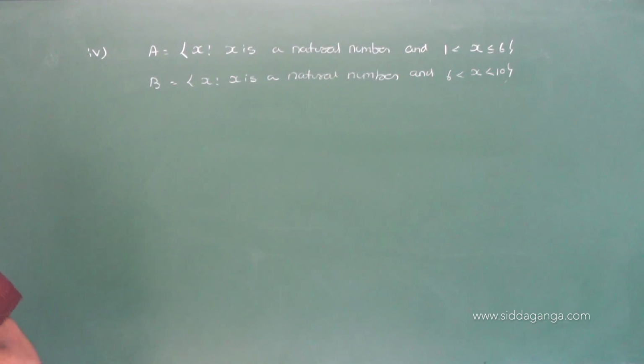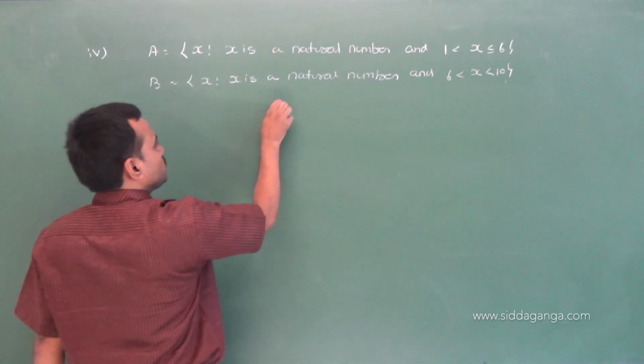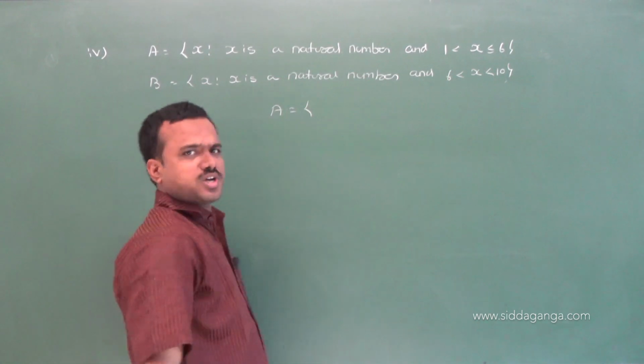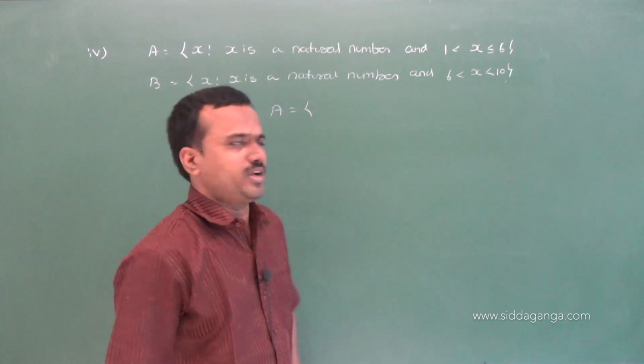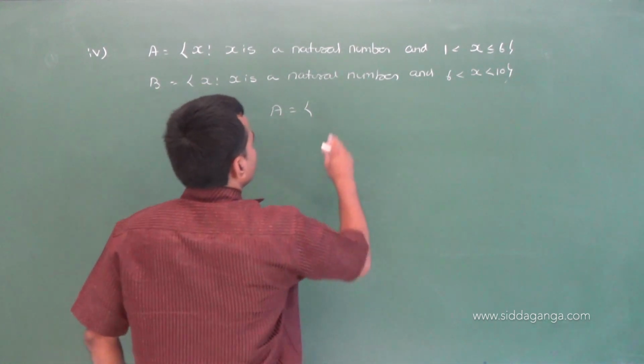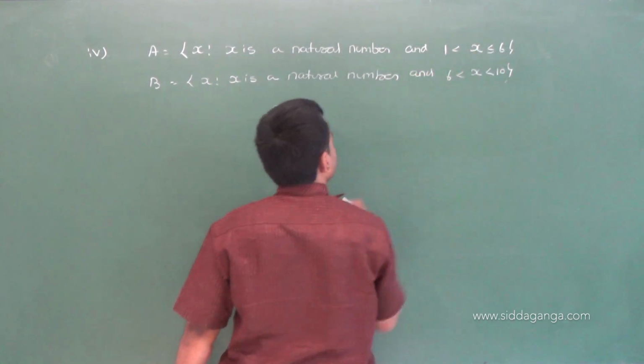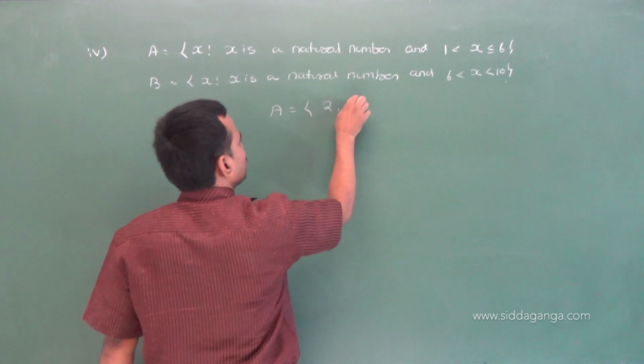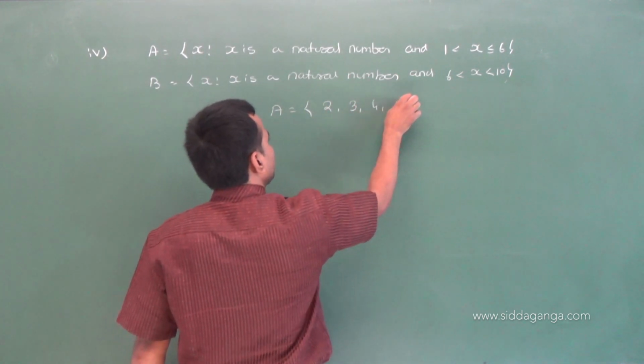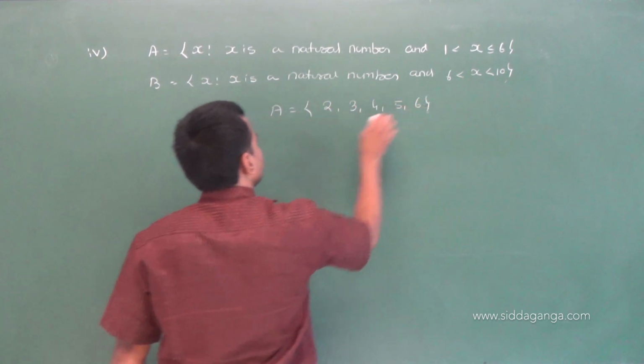So these two sets are given in rule method, so we write them in tabular form. From 1 to 6, 1 is excluded, 6 is included, so A is 2, 3, 4, 5, 6.